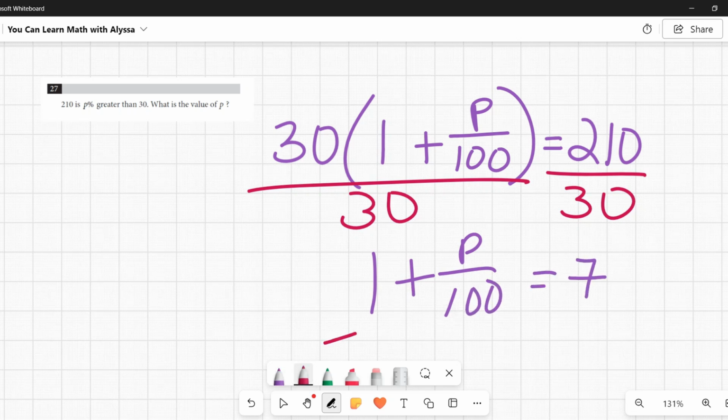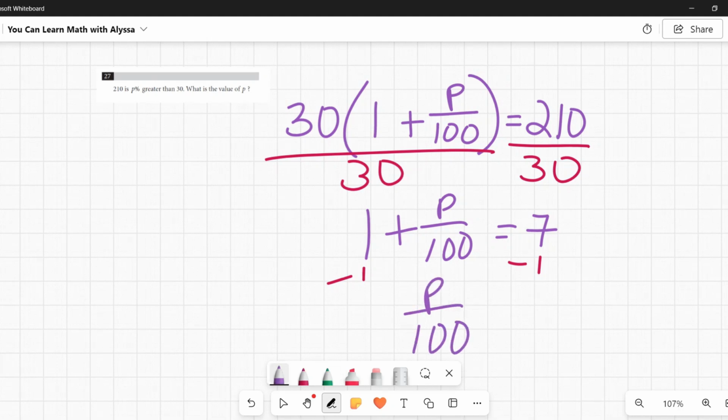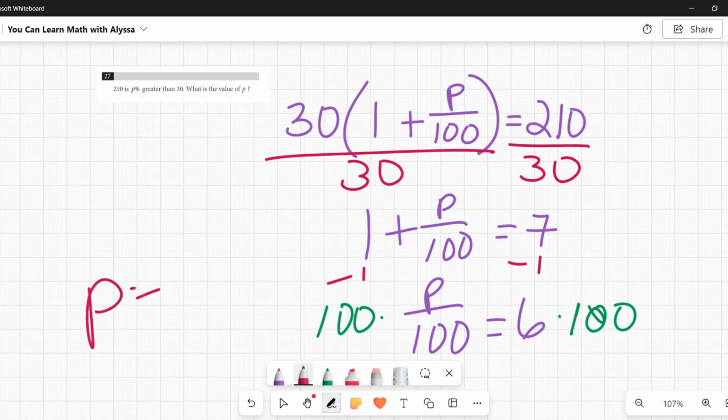Then I would subtract 1 from both sides to get rid of that 1 that's by itself. And you end up with p over 100 equals 6. You multiply both sides by 100 to get rid of that dividing by 100. And you'll get that p is equal to 600. So 600%.